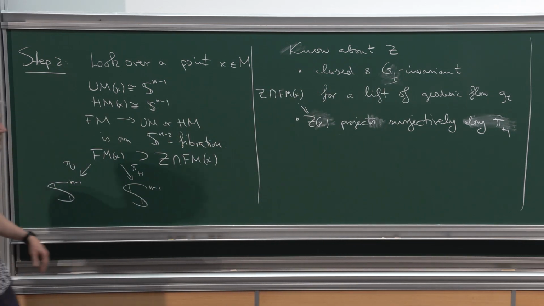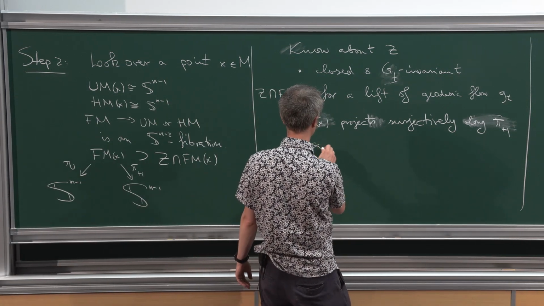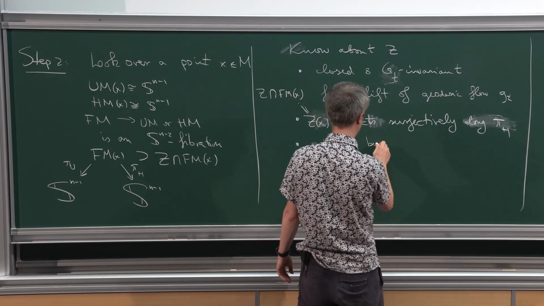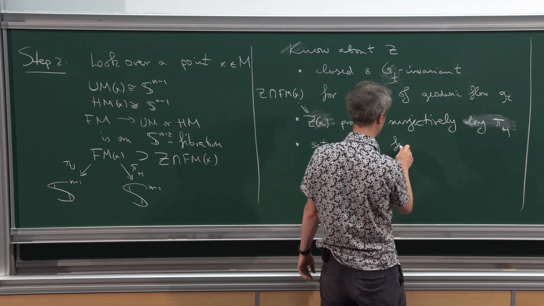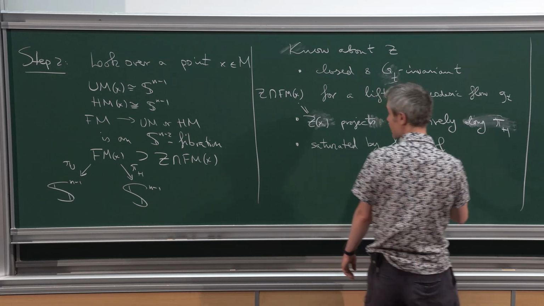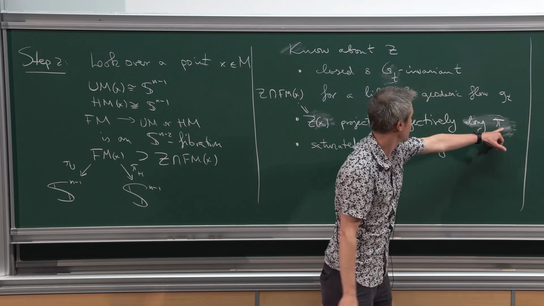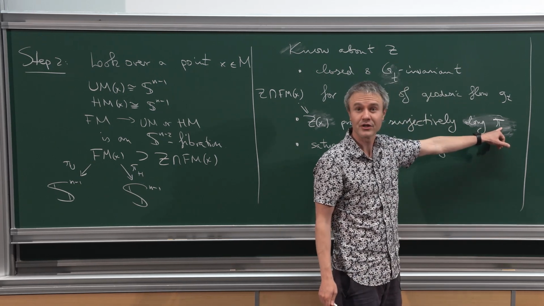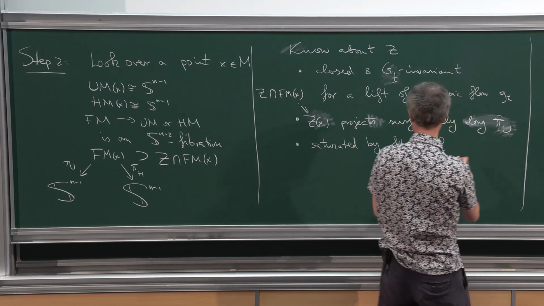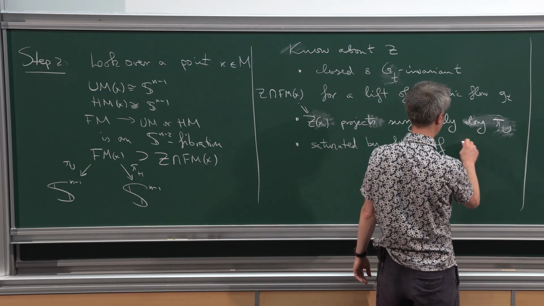So it has full image. Sorry, here, of course, I said it projects surjectively along pi H, but it's pi U, so I apologize if you already wrote H. It's also saturated by the fibers of pi H. And now on the other side, in the pi H direction, it is saturated by the fibers of pi H.